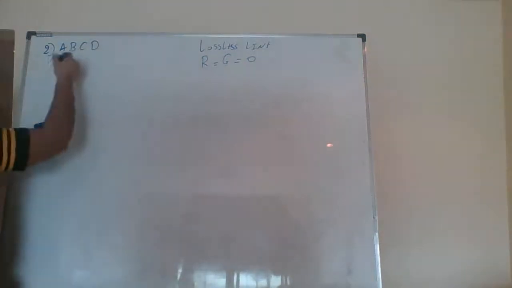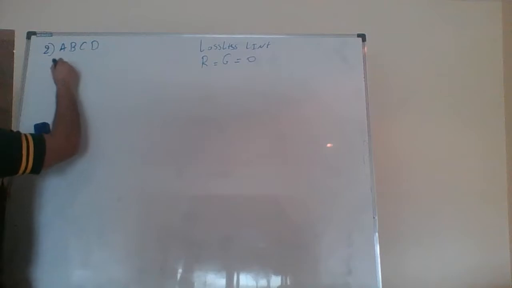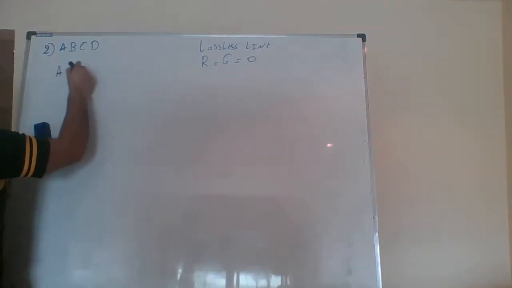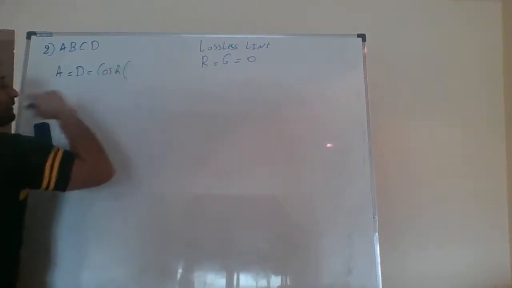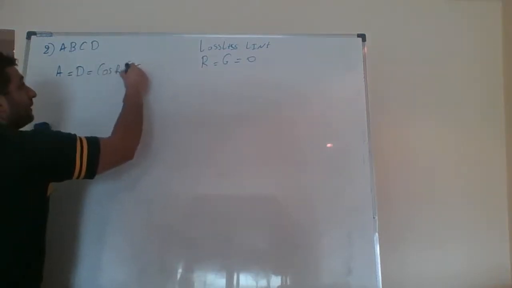Let's recall the numbers that we did in a long transmission line. A is equal to cosine hyperbolic of, guys, we did use L, if you remember.